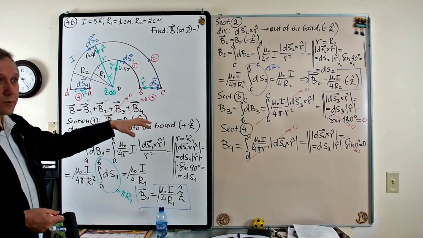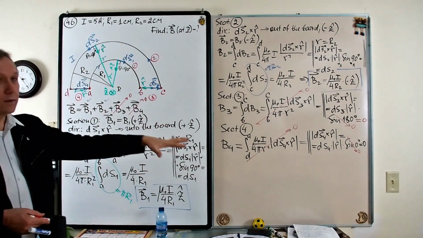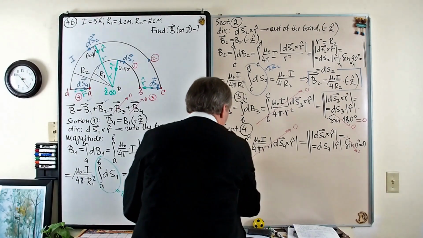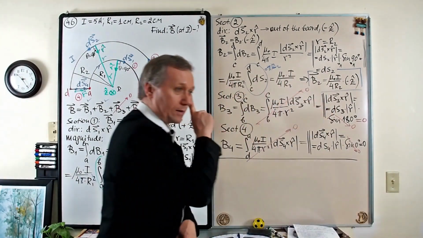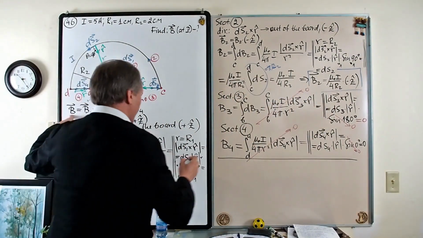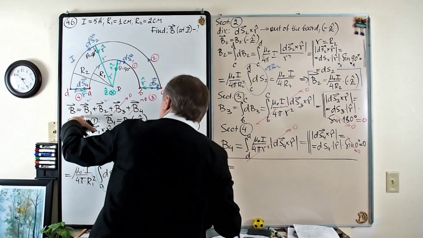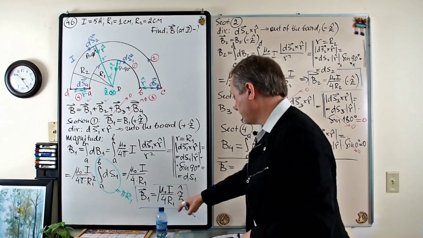Okay, so now we found all these terms. So now we just need to write the final result, the net magnetic field. Let me separate it like this. And now the final answer. We'll just be rewriting the principle of superposition. So B equals B1. B1 is here.